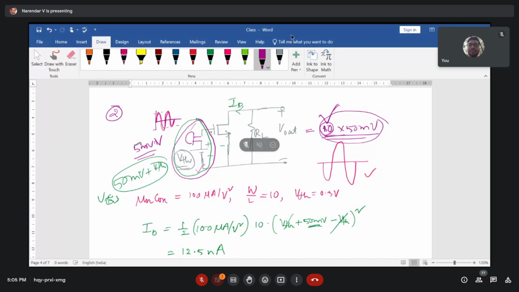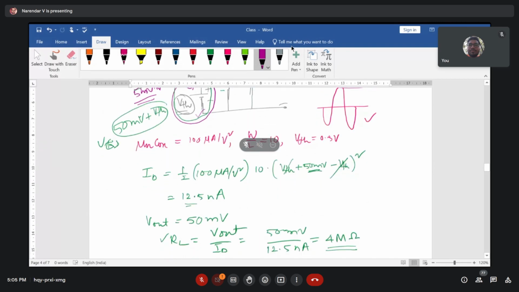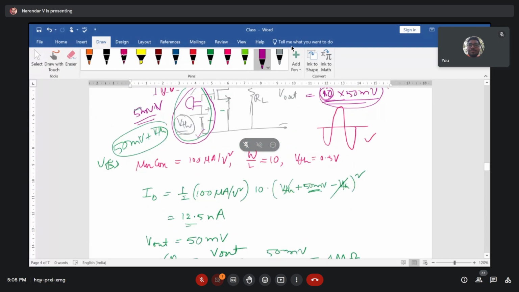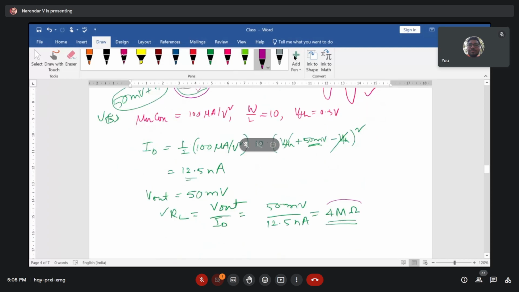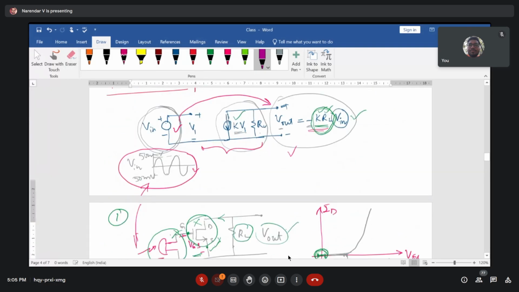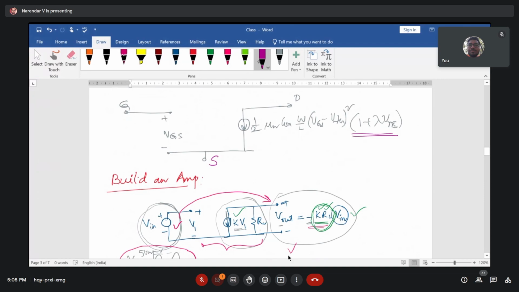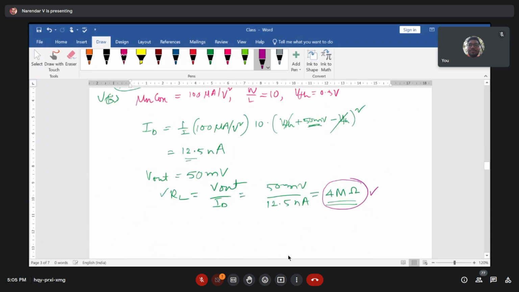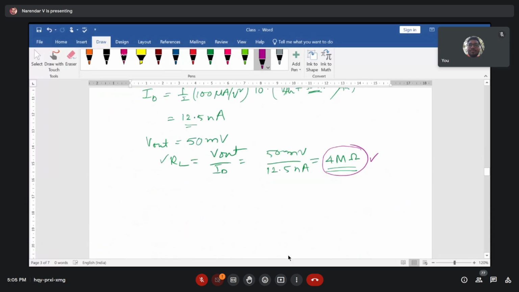To get this much amplification, you require a load resistance value of 4 mega ohm. So with the amplification factor of 10, the RL value we require is 4 mega ohm, so that we are able to amplify the signal 10 times.